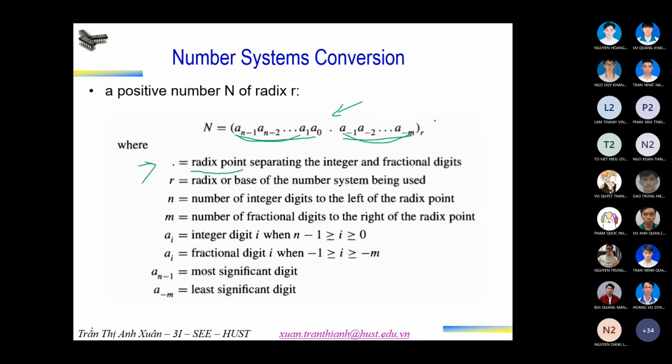So each number contains two parts. The first part is the integer part, and the second is the fraction part. The two parts are separated by the radix point, and it depends on the number system.